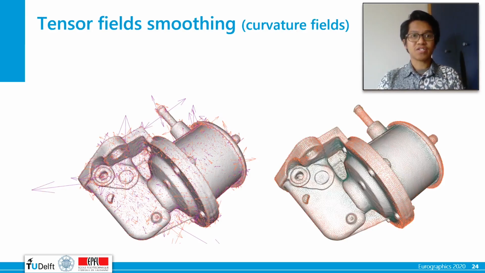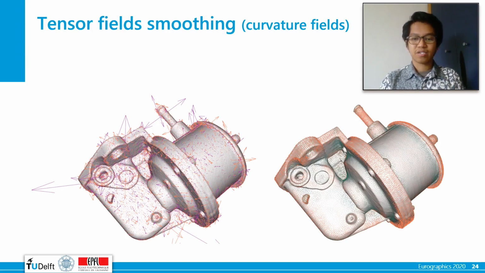And the third application that we want to mention is the tensor field smoothing. We implemented a tensor field smoothing tool that minimizes a weighted sum of functions that penalize the deviation from the approximated input field on the left, and harmonic and biharmonic energies for tensor fields as a regularizer for the smoothness.